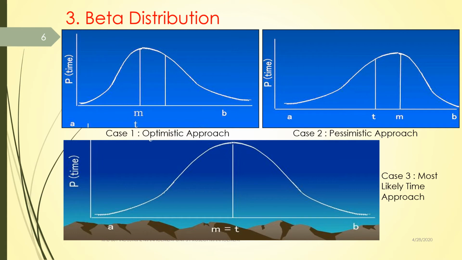And the mean time is shown to you. You can see the variation is like that, where M, the value of the most likely time, is more. A notable thing here is why the shape of the curve is like that.